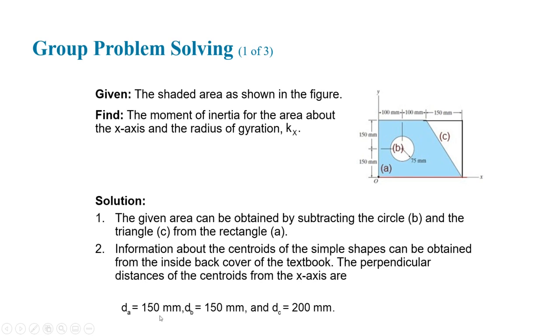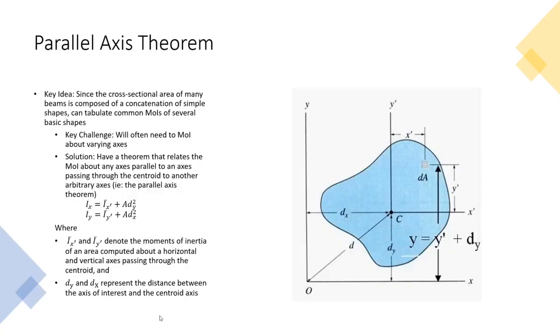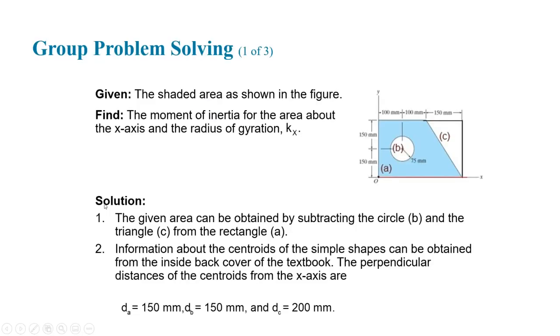Because when we apply the parallel axis theorem, this dy, in this case, because we're computing the moment of inertia about the x-axis, is this quantity. It's just how far away the axis of interest is from the centroid axis. So for all of the little parts here, we need to know what the centroid axis is. For the rectangle, it's simple because the axis of symmetry is right in the middle. It's also simple for the circle. That's why these two are the same.